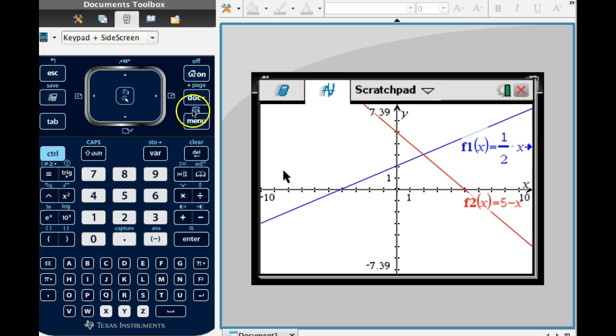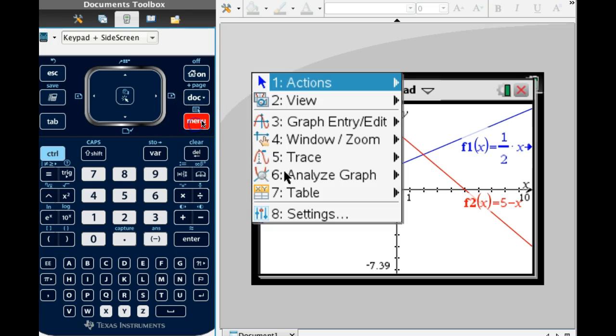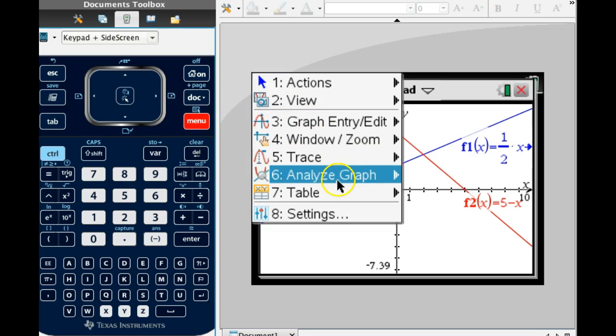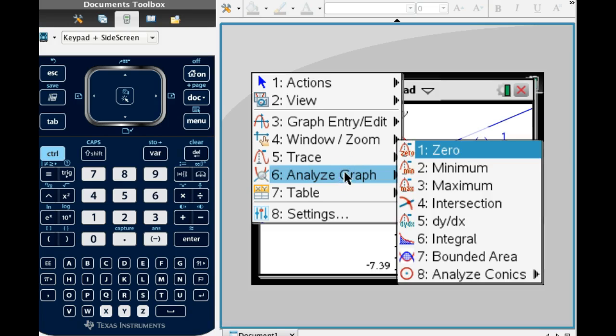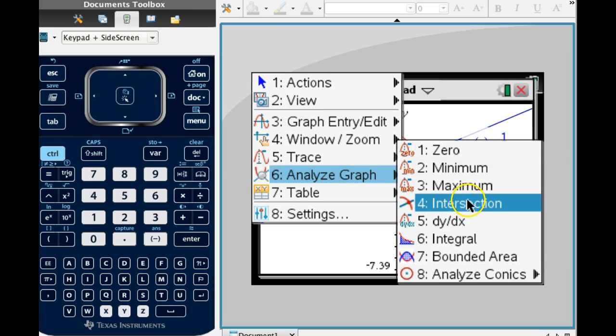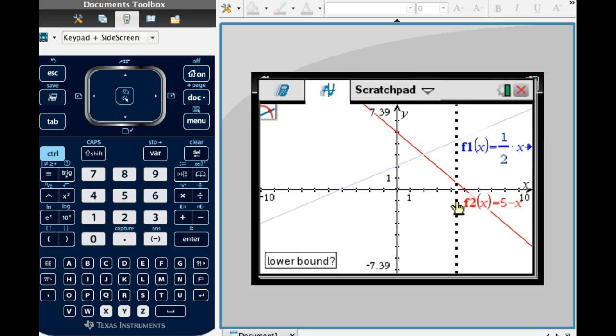To find a point of intersection, I go to menu. Then I want to go to analyze graph, and I want to choose choice 4, which says intersection. Click on that. Notice at the bottom here, it says lower bound. Anything that says lower bound, it means you go to the left.